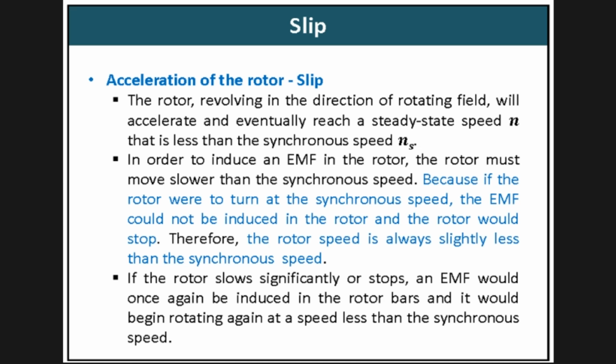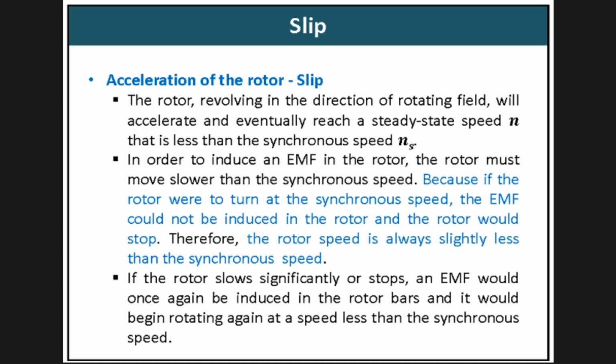So therefore there will be no EMF generated. So if we want an EMF generated, then there should be a speed difference, because if the rotor were to turn at the synchronous speed, the EMF could not be induced in the rotor and the rotor would stop. Therefore the rotor speed is always slightly less than the synchronous speed.